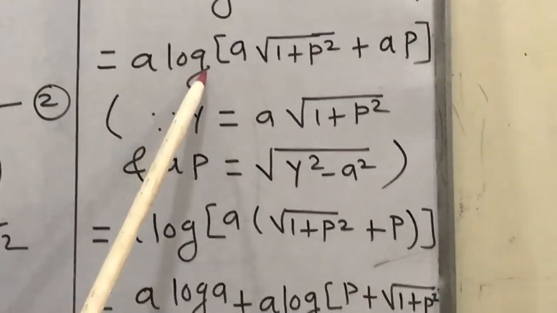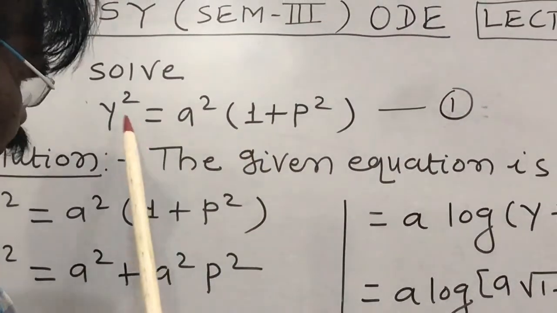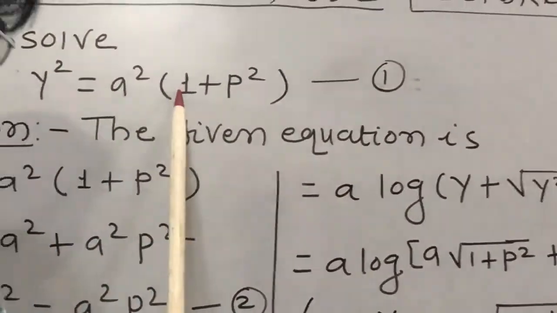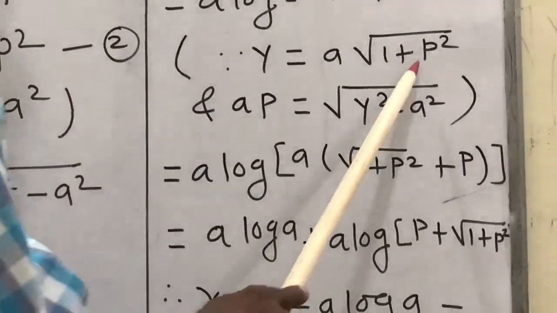A log in bracket y means in equation 1, y square is this, hence y is equal to a under root 1 plus p square.